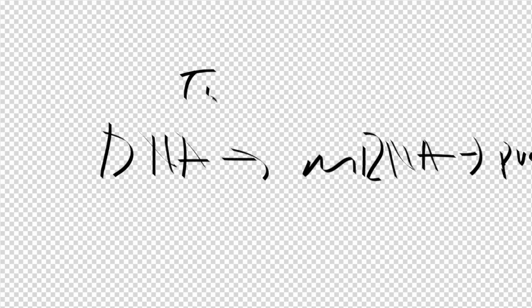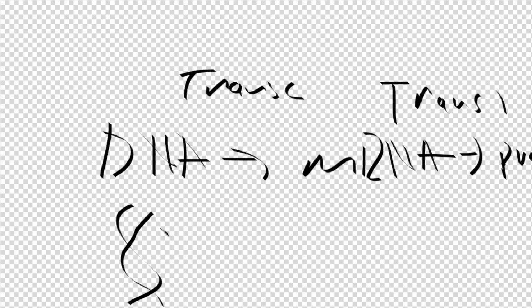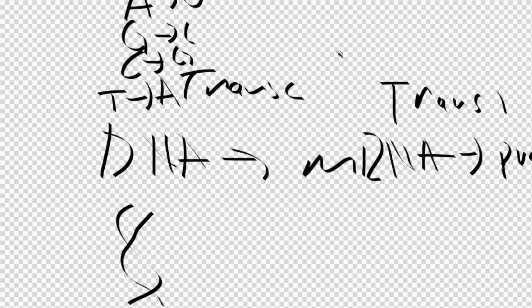This is transcription, so I'll write trans-C, and translation, simply because this one letter differentiates the two. So it starts with the DNA, it gets ripped apart, and then a complementary mRNA comes on the side and bonds together base pairs. A goes with U, G goes with C, C goes with G, and T goes with A. So just find these bonds together.